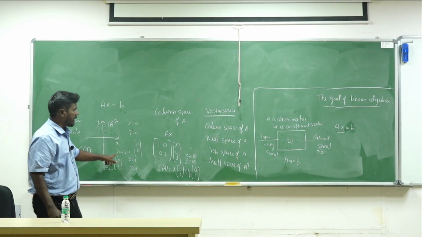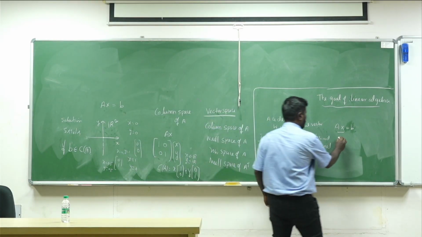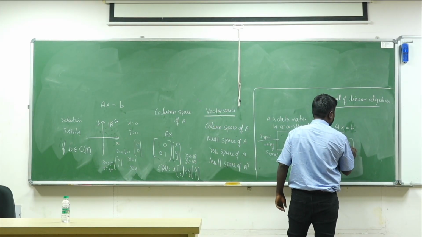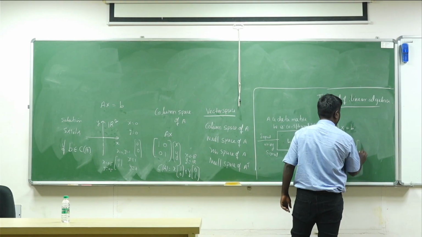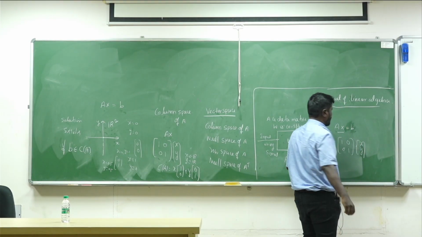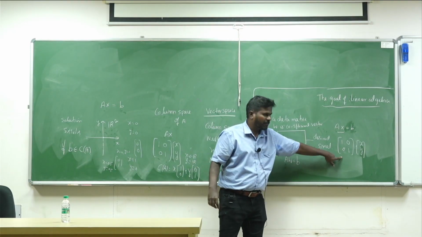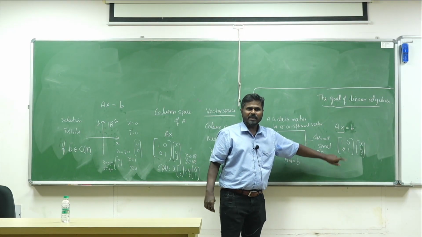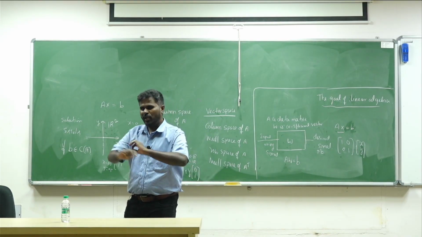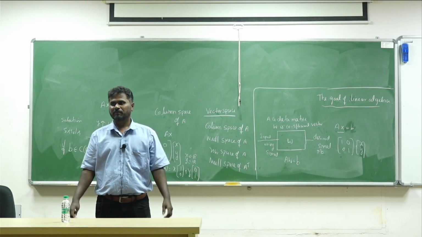Now for this matrix, let's say my A is this, you would see that for any B you will have the solution.